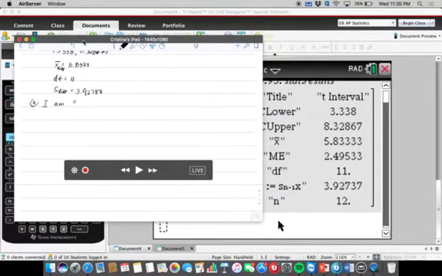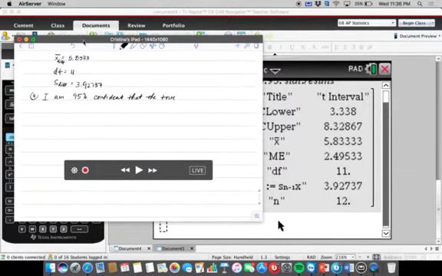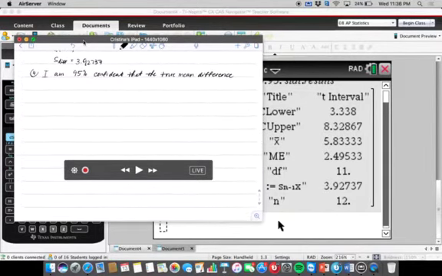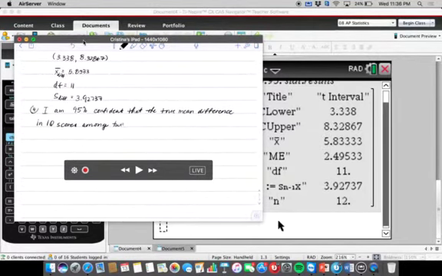I am 95% confident that the true, and remember, this part is just what you wrote in part A, so that the true mean difference in IQ scores among twins raised in high income and low income.